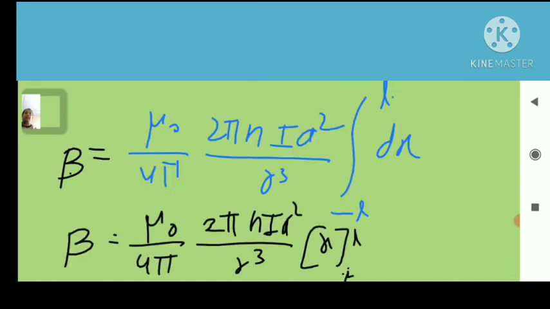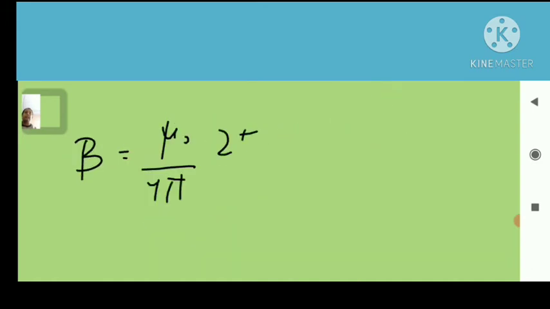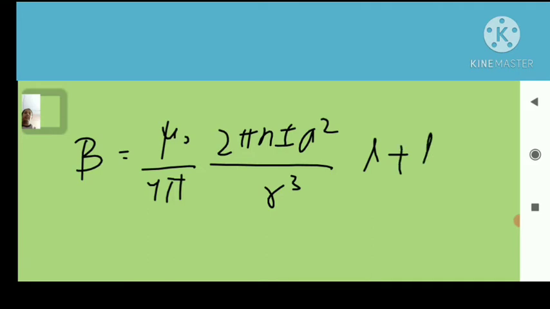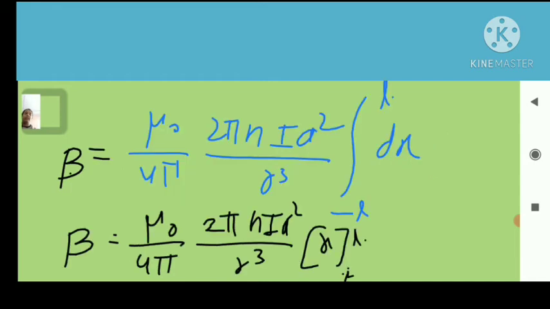So finally B is equal to mu naught by 4 pi, 2 pi n I a square by r cube, times L plus L, that is 2L. We put the upper value L and the lower value minus L, so this minus minus becomes plus.